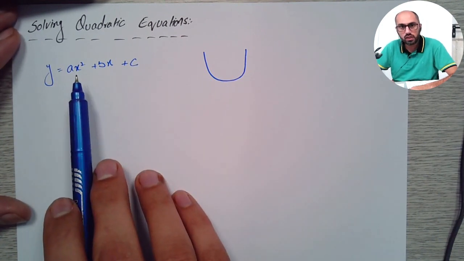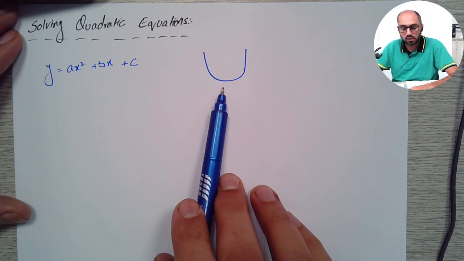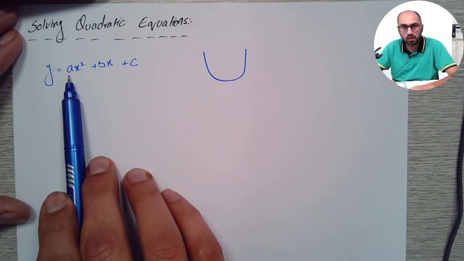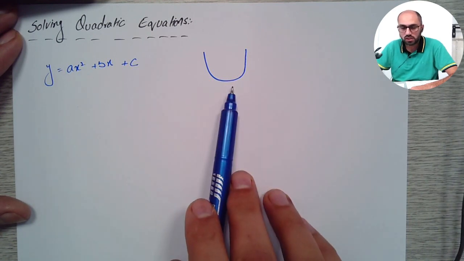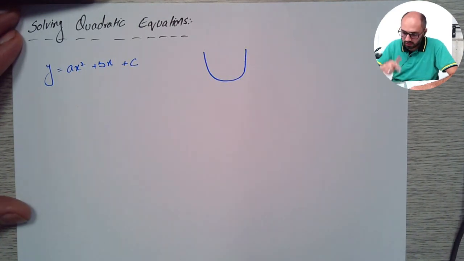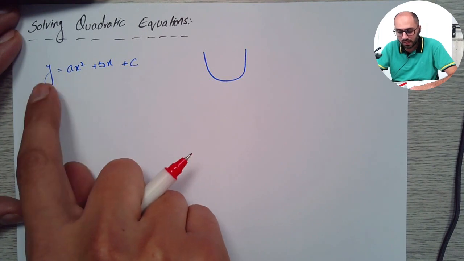The graph of this equation will have a shape like this. This is because the value of a in our case is positive. If it was minus a, then the shape of this graph would have been upside down, or I can say a sad face.